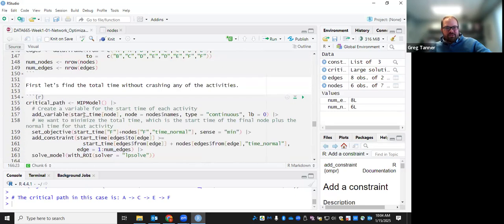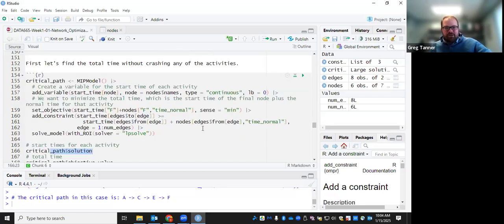Our variables, our start times, have a lower bound of 0, which prevents us from starting before 0. But because A has no predecessor, it just gets pushed all the way to 0. We don't actually put any constraints on when A can start other than it has to start and finish before B and C can start. So we don't have to actually tell it to start at 0.